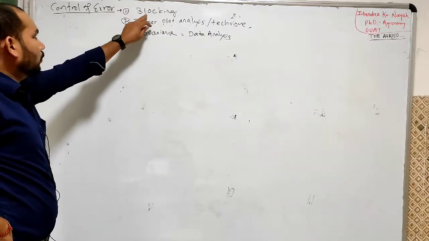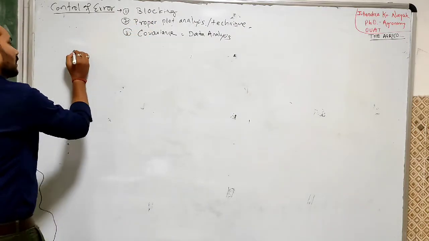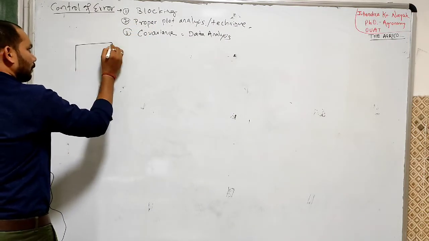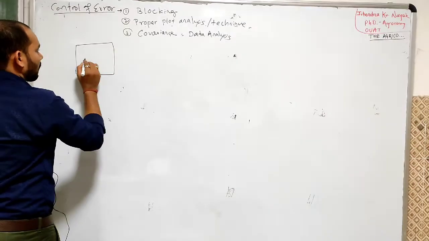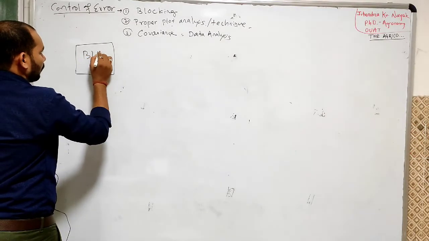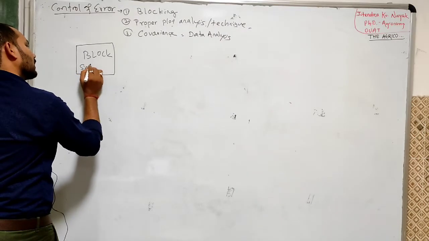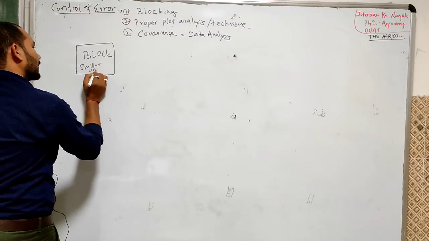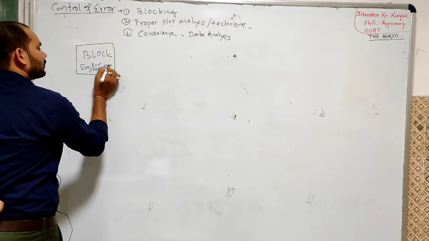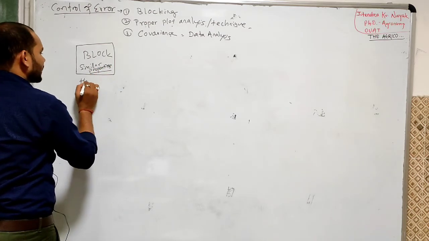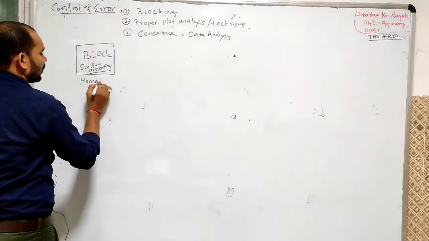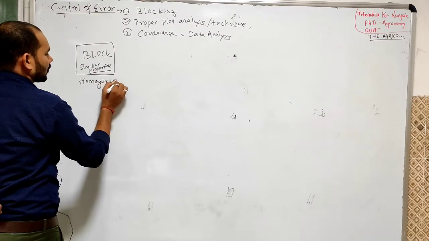So the term blocking means this is a block having similar properties, or we can say this is a homogeneous plot.